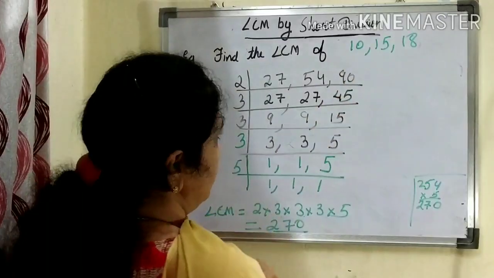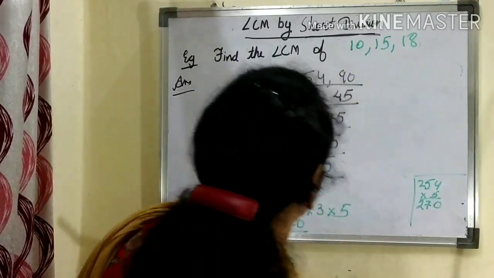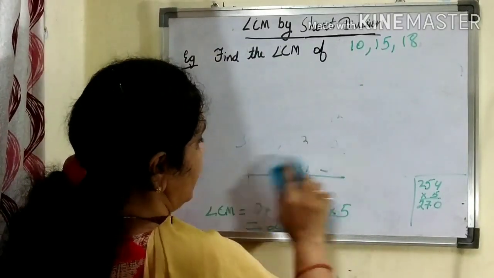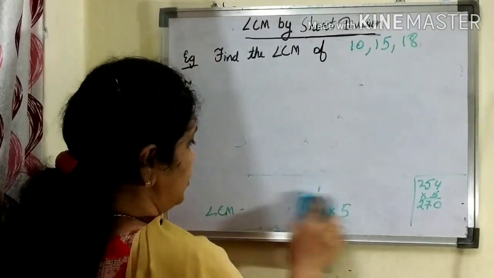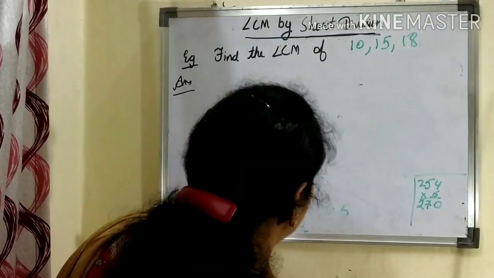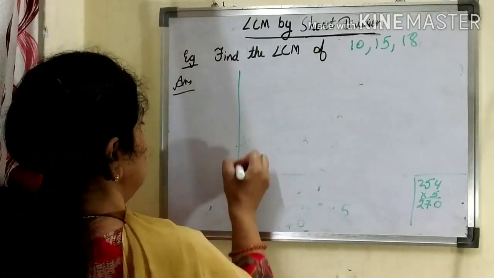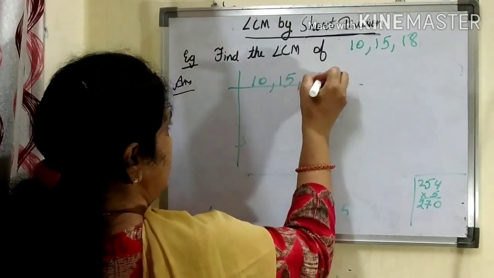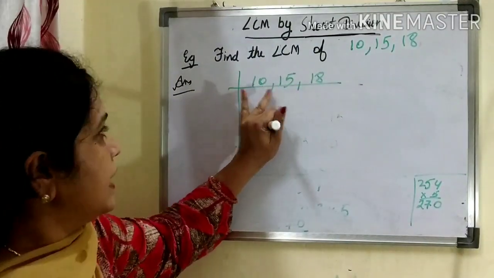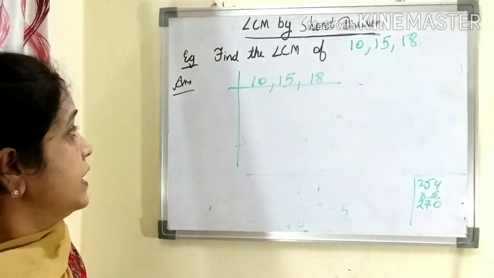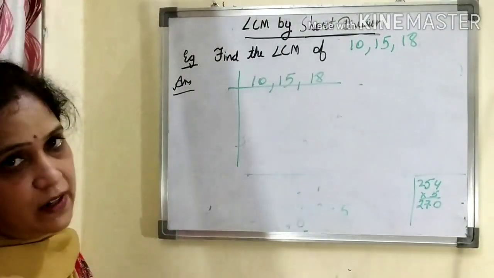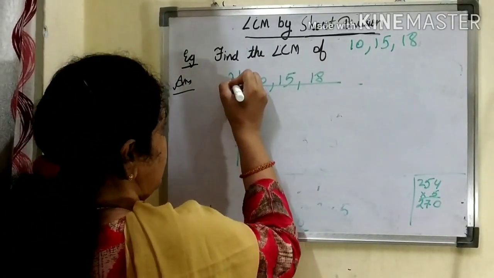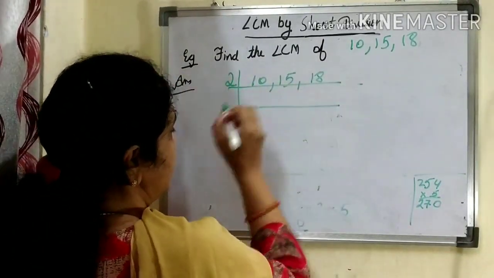Now is there any common number which divides all the three, 10, 15 and 18? 2 divides 10 and 18 but doesn't divide 15. 3 divides 15 and 18 but doesn't divide 10. Then I will select only, even if it divides 2 numbers, I will consider that factor.